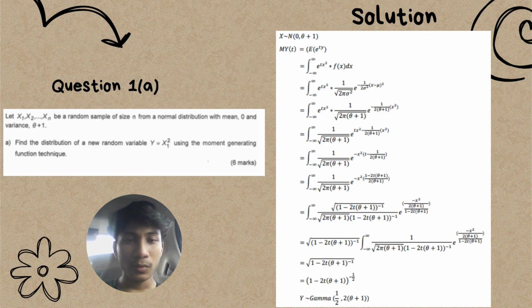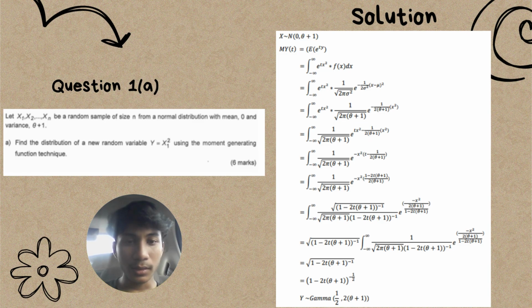And then we insert the values of mu and sigma squared into the equation, and we get the integration of exponent of t x squared times 1 over square root 2 pi times theta plus 1 times e to the power of negative 1 over 2 times theta plus 1 times x squared.